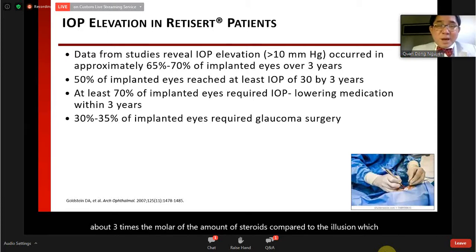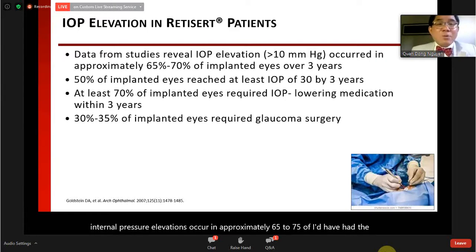The Retisert requires a surgical procedure to place the implant, but in terms of intraocular pressure, we are very fortunate to have the data from the Retisert to help us. For example, data from the study revealed that intraocular pressure elevations occurred in approximately 65 to 75% of eyes that had the Retisert implant. So that's definitely a lot higher than what we see right now with the Iluvien.